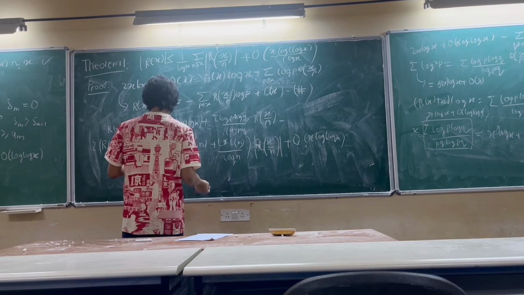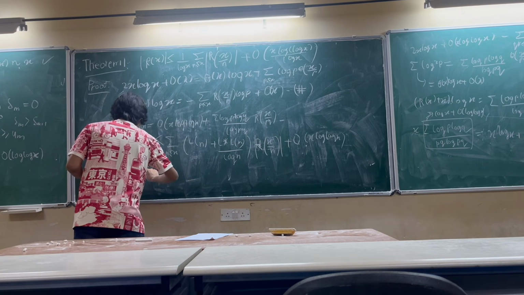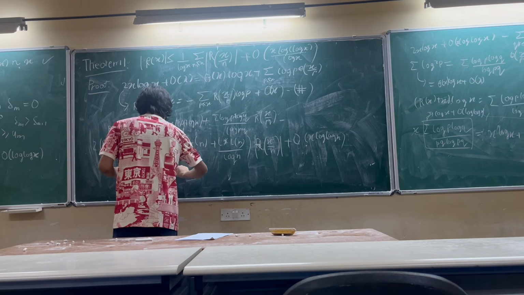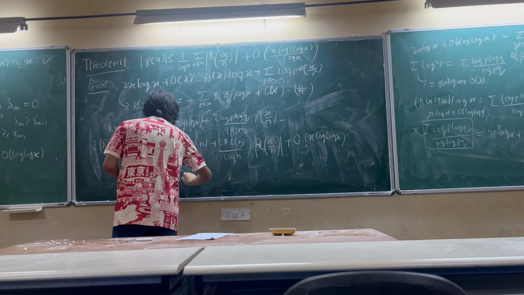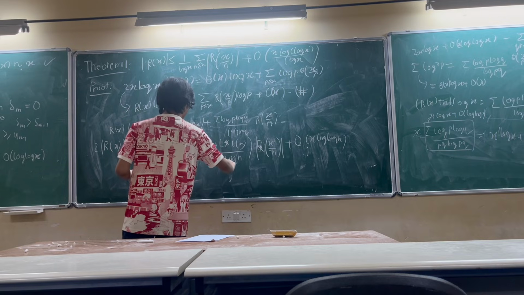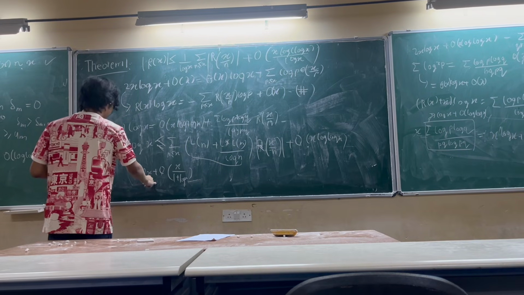Now this thing we remember we used it for the proof of the third Selberg formula, and from there we remember that the order of this thing was 2x plus order of x by 1 plus log x. Remember this from the third Selberg formula, the order of this function right here, and it sums over all this. This has this order.